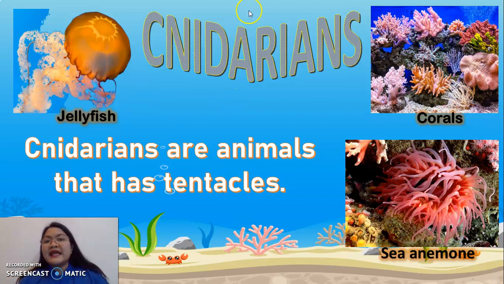So what animals are considered as cnidarians? So we have jellyfish, corals, and sea anemone. Again, cnidarians are animals with tentacles.